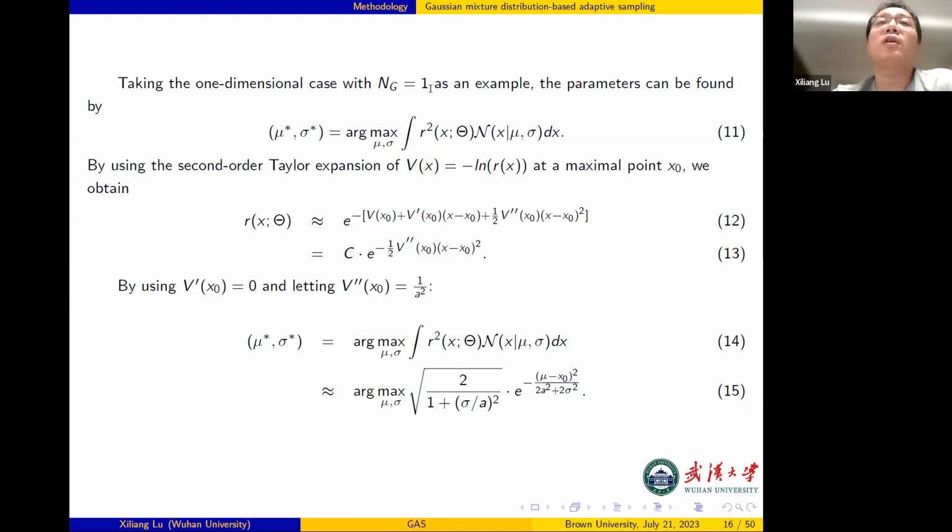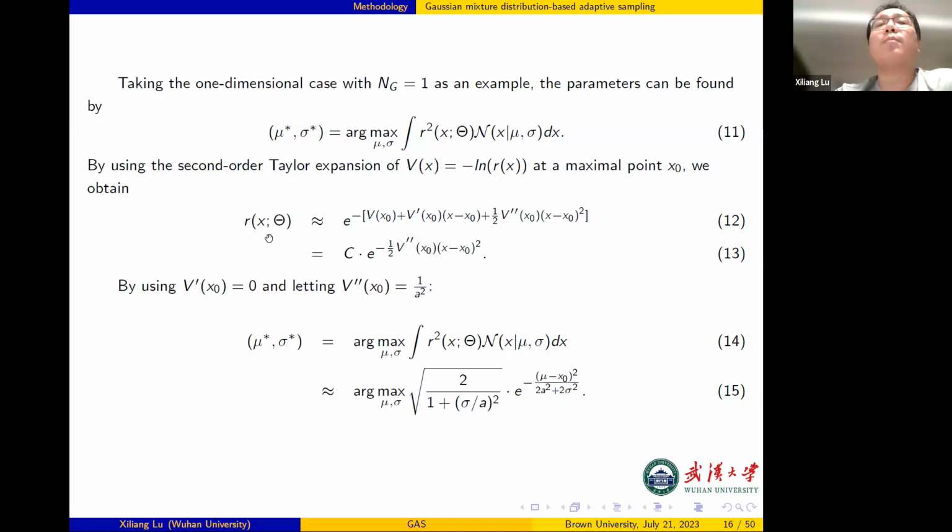We explain how to find the parameters from the residual function. In the one-dimensional case with only one Gaussian, we want to compute mu-star and sigma-star. Because we know x0 is the maximum point of R, we consider V, which is nothing but the minus log of R.